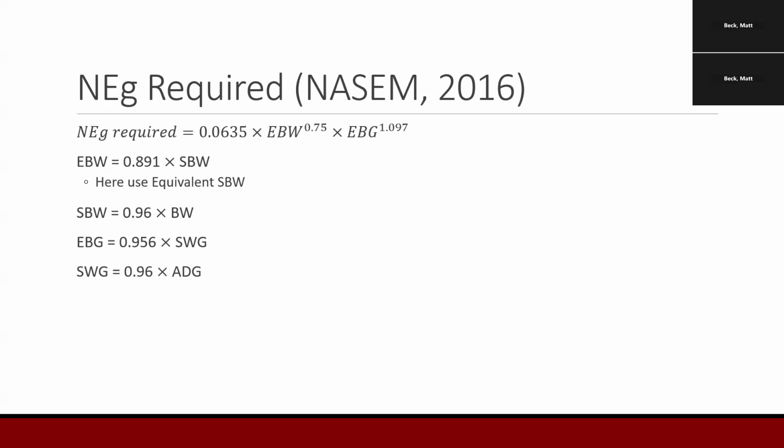So empty body weight is an estimate of how much the animal will weigh without any digestive contents. Does that make sense? And so when we're calculating energy required, we need to do it on an empty body weight basis because that's the metabolizable tissue that requires energy. All right. Does that make sense?